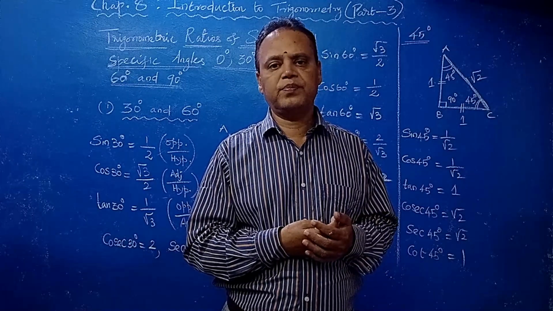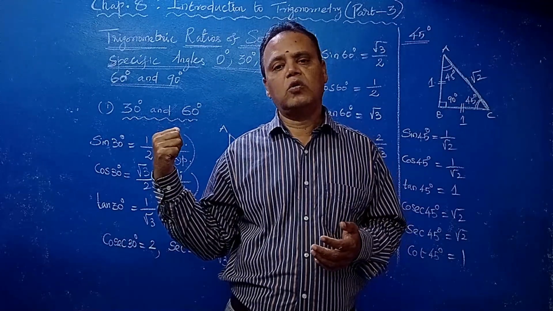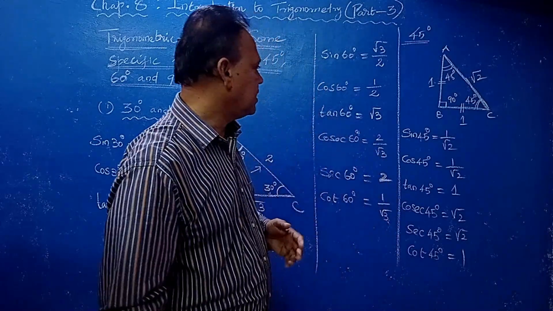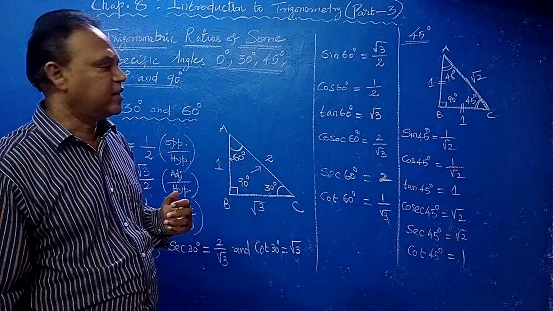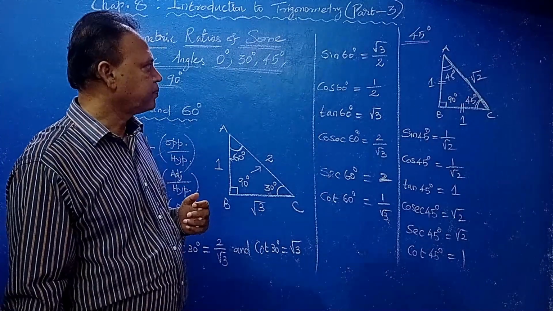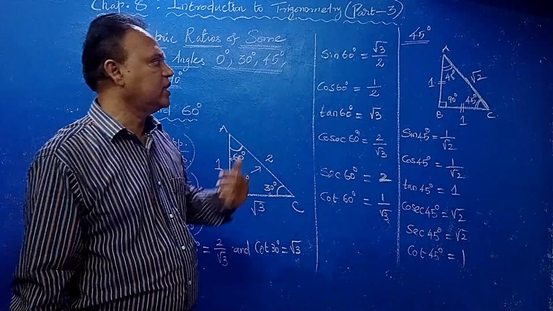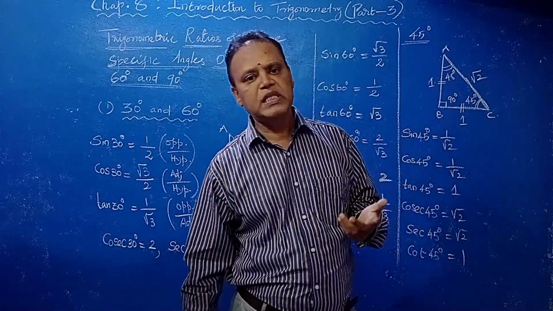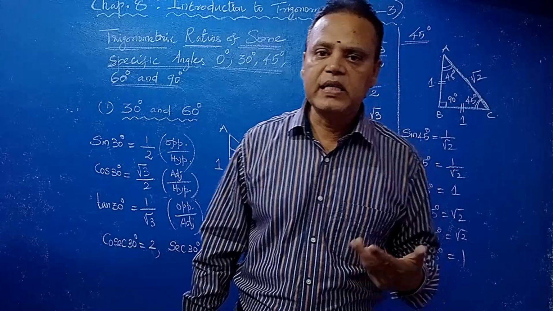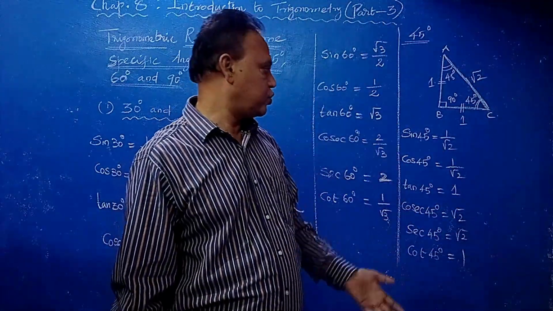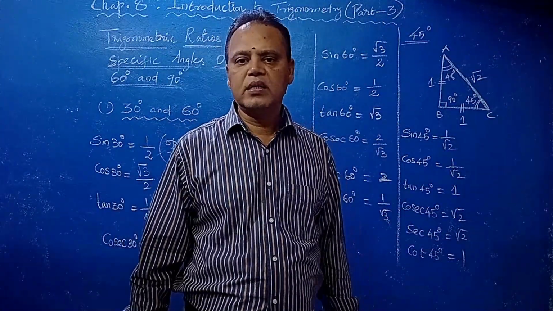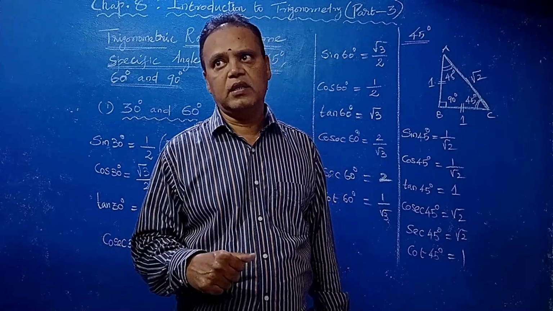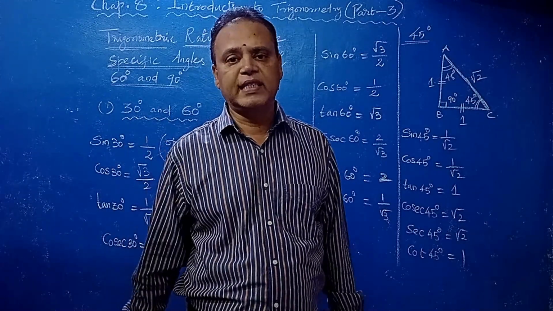This is the understanding method, so that you will not forget at all. 45 degree you can easily remember. Remember the ratio, then easily we can write the values. In examination, if you remember, you can write very fast.